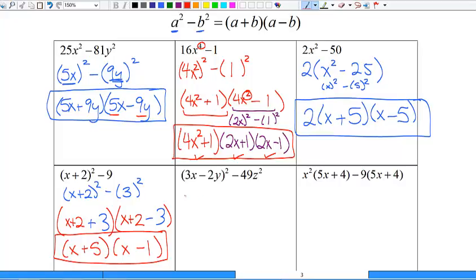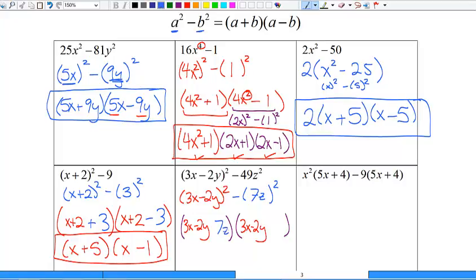The next problem is very similar. We have 3x minus 2y, which is already a quantity squared. On the second term, I have 49z squared. Well, I can rewrite that as 7z quantity squared, because 7z times itself, 7z, is 49z squared. In my answer, the red 3x minus 2y goes in both fronts.